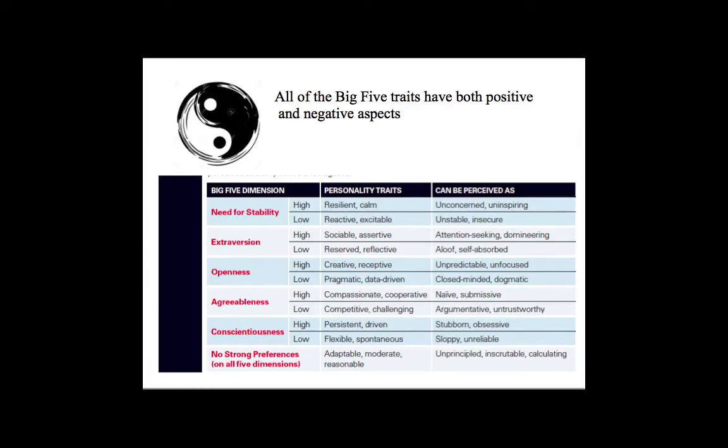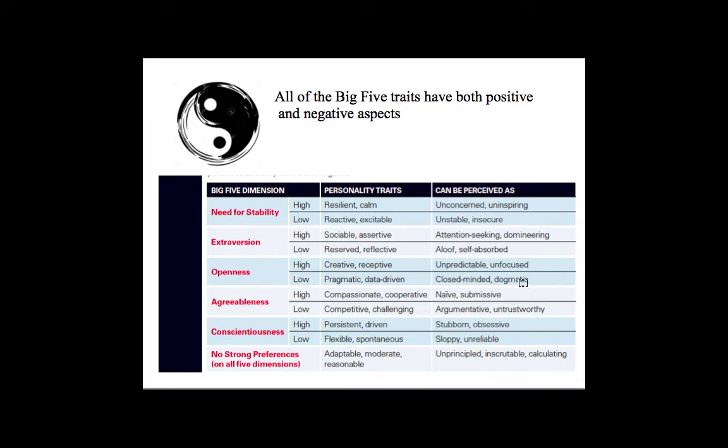Okay, all of the big five have positive and negative aspects, right? So if you move to an extreme on either one, high openness can be creative and receptive, but they can also be perceived as unpredictable, unfocused, flaky. Low creatives can be perceived as pragmatic and data-driven, but they can also be perceived as closed-minded and dogmatic.